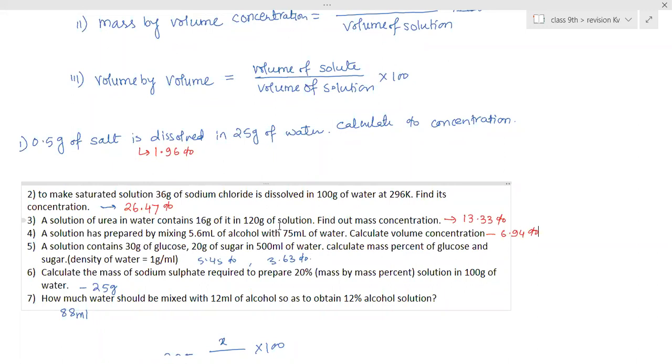Ma'am, so glucose is 6.63 and sugar is 3.63. Glucose is wrong. Ma'am, so sugar is 3.63. Sugar is 3.60, that is right. Okay, ma'am. Sorry, ma'am. Glucose is 5.45. Yes, right.